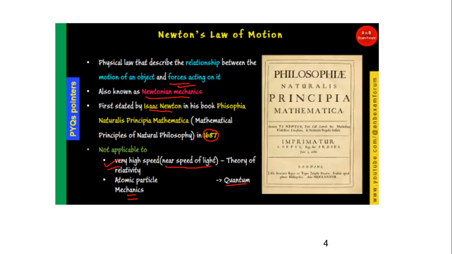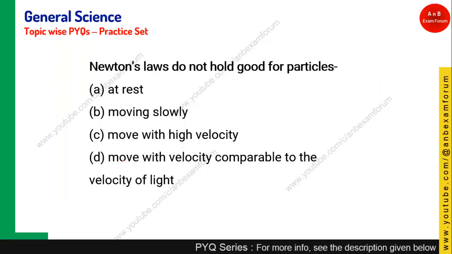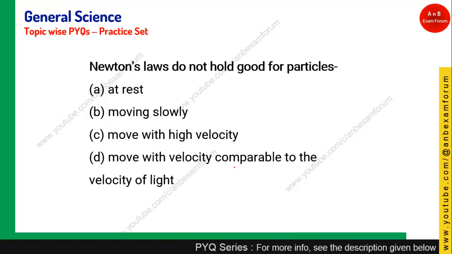Newton's laws do not hold good for particles moving with velocity comparable to the velocity of light. So as I told you just now, Newton's laws do not hold good for particles which are nearly comparable to the velocity of light. So option D, those who have given it, they are right.